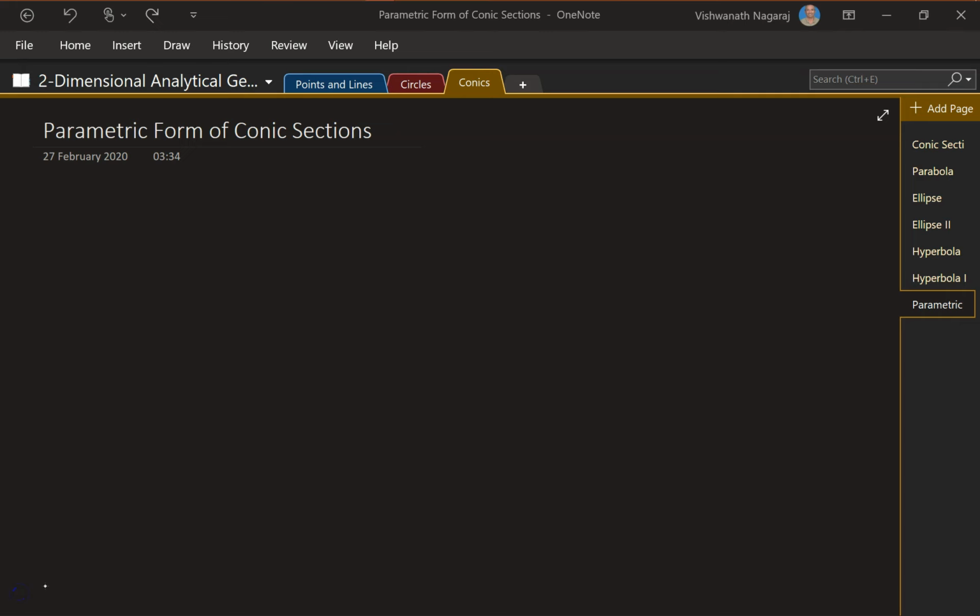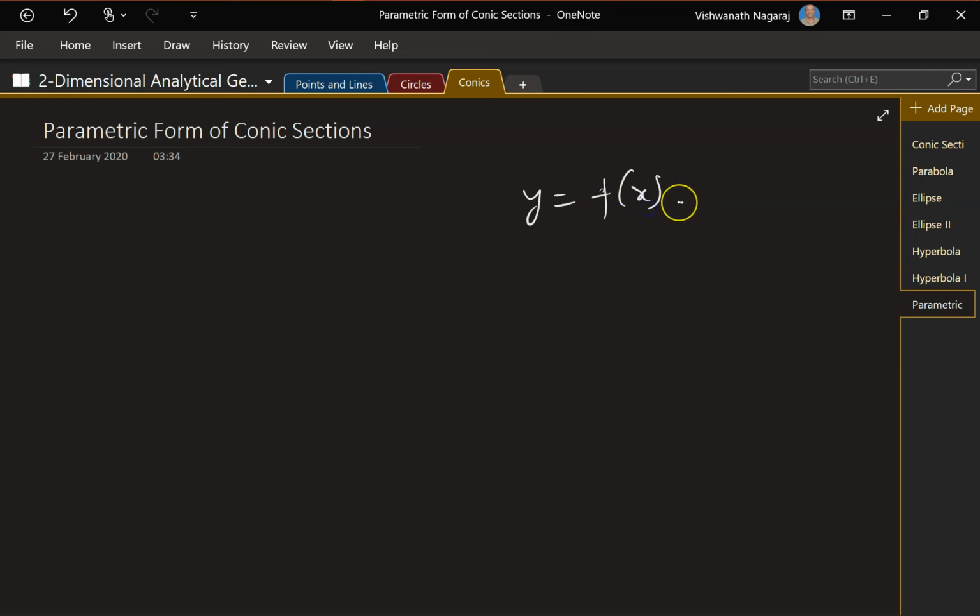Parametric form of conic sections. Whenever we talk of parametric form of an equation, usually y is equal to a function of x.